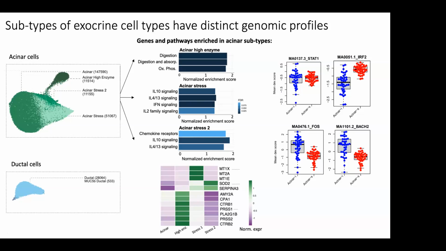Another subpopulation of acinar cells preferentially expresses cytokine signaling genes, so we think that's maybe a stress response subcluster. And in addition, if we look at the chromatin profiles of these subtypes, we find motifs for certain transcription factors that are preferentially active that again suggest potential drivers of this heterogeneity.